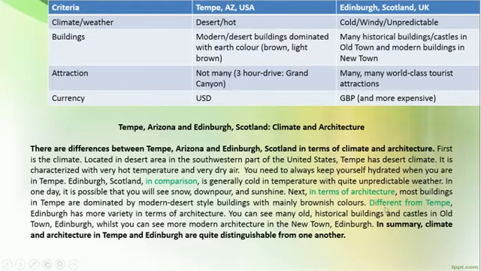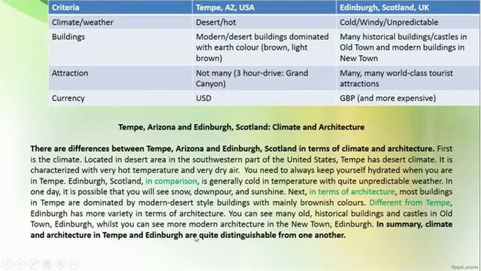And then if we take a look at the conclusion, we see that it is the restatement of the topic sentence actually. In summary, climate and architecture in Tempe and Edinburgh are quite distinguishable from one another. Quite distinguishable.